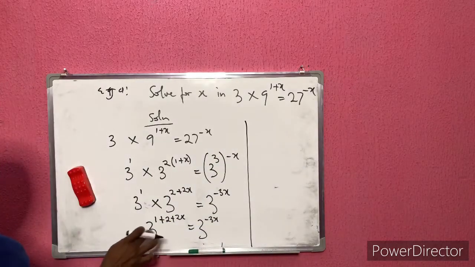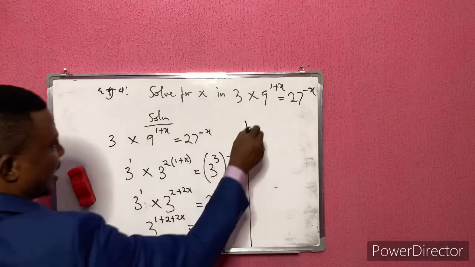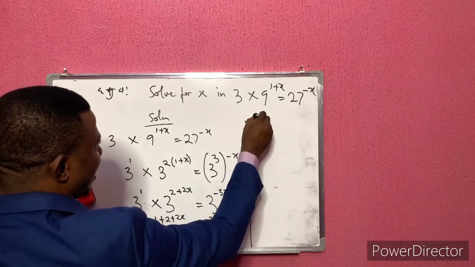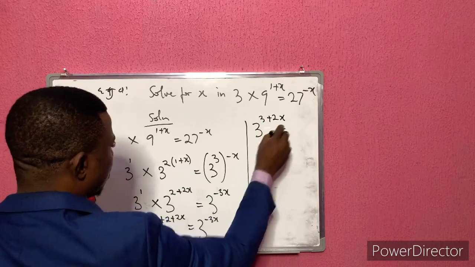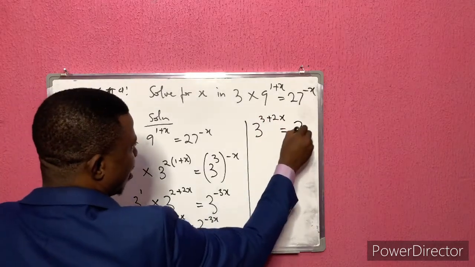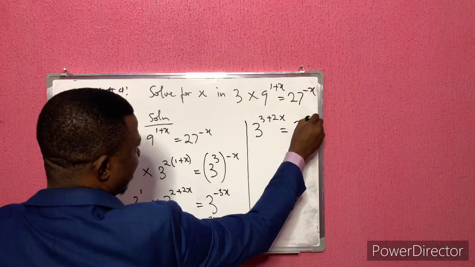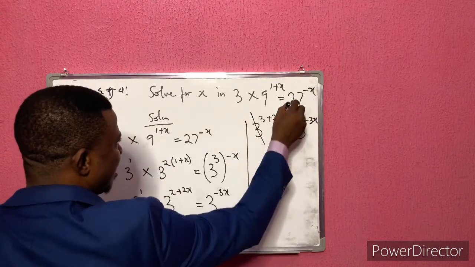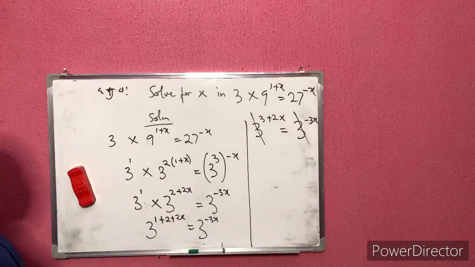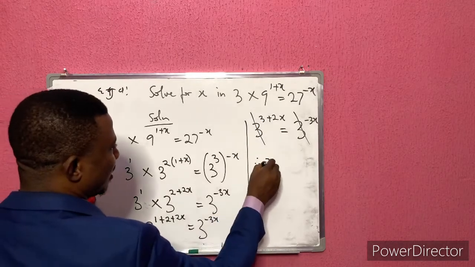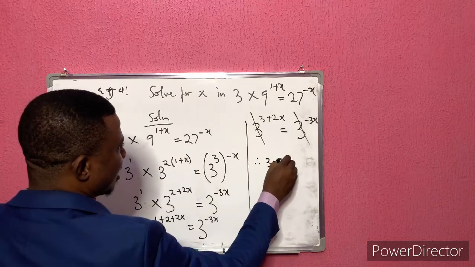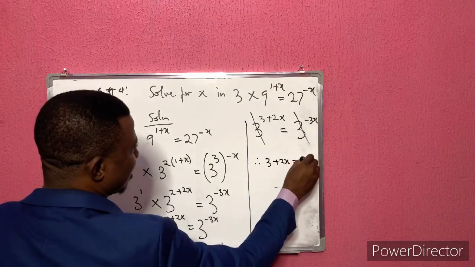Solving this, 1 plus 2 is 3, so 3 raised to power 3 plus 2x equals 3 raised to power minus 3x. They have the same base and they are equal, equality of bases. We cancel them. You have 3 plus 2x is equal to minus 3x.